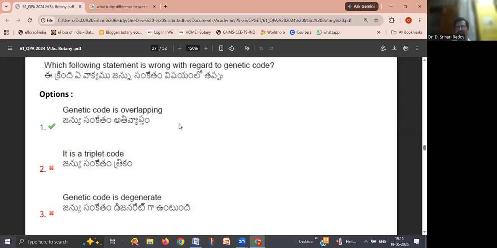All the triplet codons code independently for an amino acid. Okay, so this is the wrong statement. So we have to choose this as the right option because they are asking for the wrong statement. So the genetic code is overlapping, it is the wrong statement. And next question.